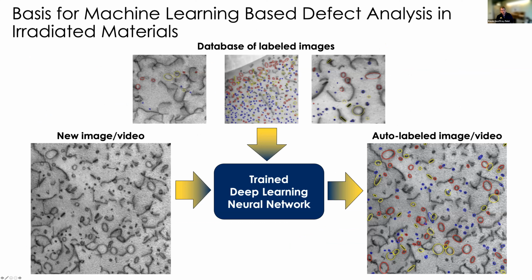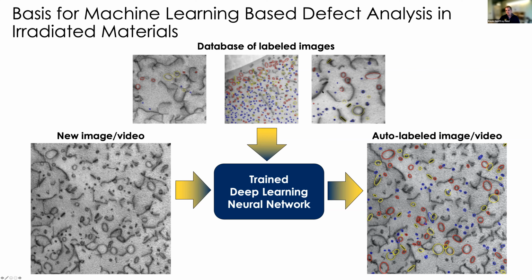I'm not going to talk about the structure of convolutional neural networks in grand detail at all. The main thing you need to know in order to understand the rest of the things I'm going to talk about is that the way it works is you have a database of labeled images. So these are STEM-based images doing dislocation imaging in there where I painstakingly labeled all these. Yes, it was me.